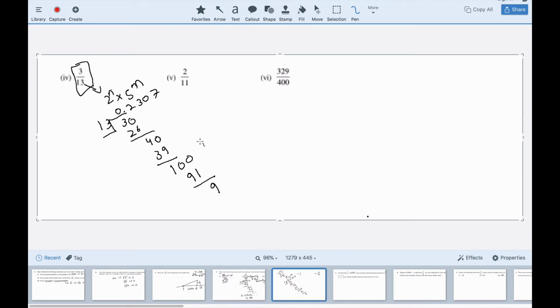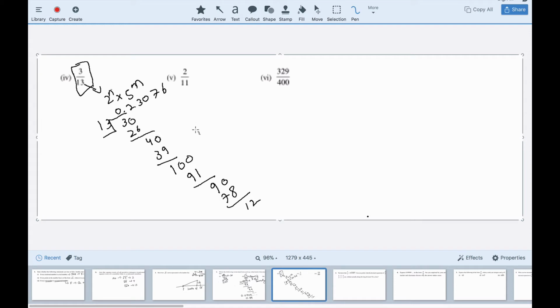We must keep dividing till we get a repetition. So let's see. After 7, I can try it at 6 by putting a 0 here. So 13 into 6 I can do, which is 78, and I get 12. I hope I don't run out of space here.